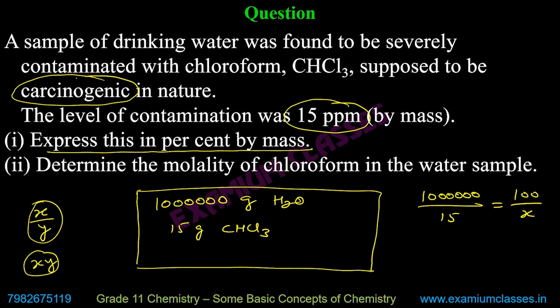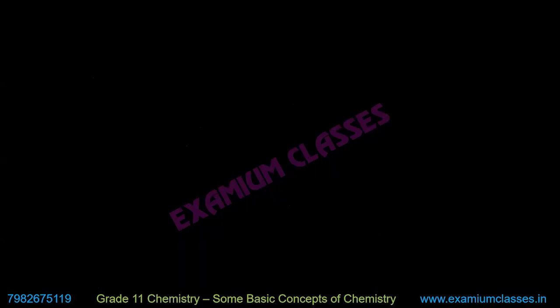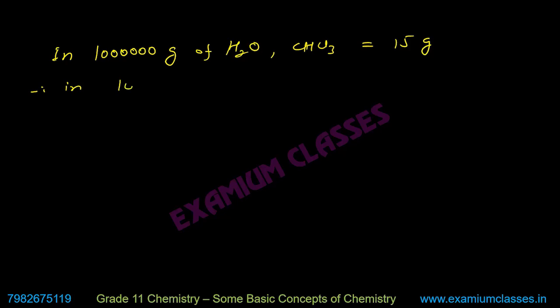If it is direct proportion, there are two ways you can do. Either you can apply the unitary method. Because you have to calculate percent, out of 100 you have to calculate. You will apply the unitary method: in 1 million grams of water, CHCl3 is 15 grams, hence in 100 grams.